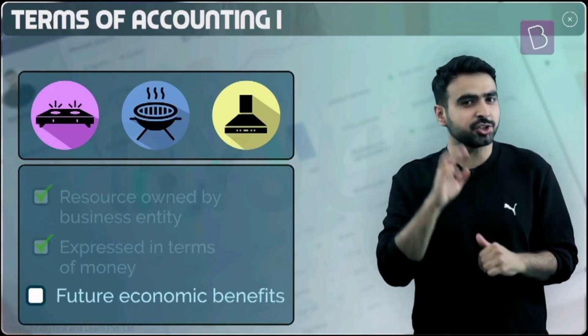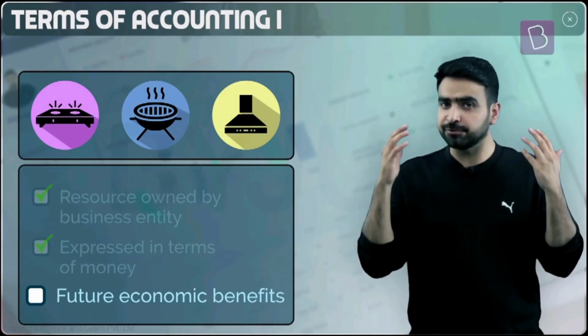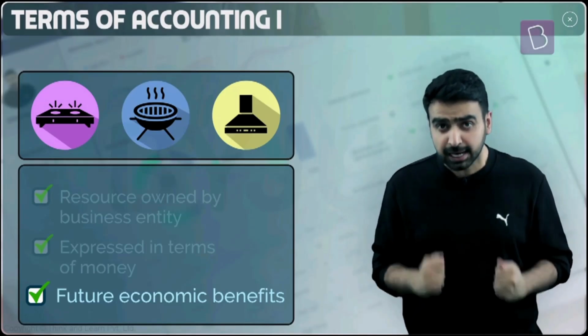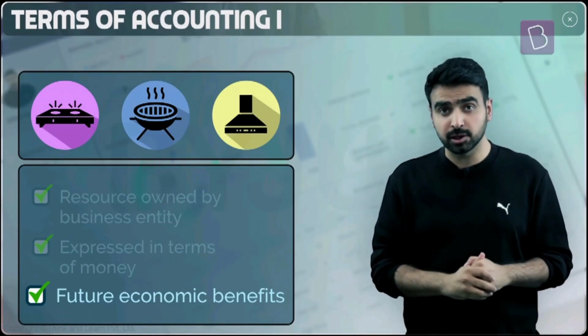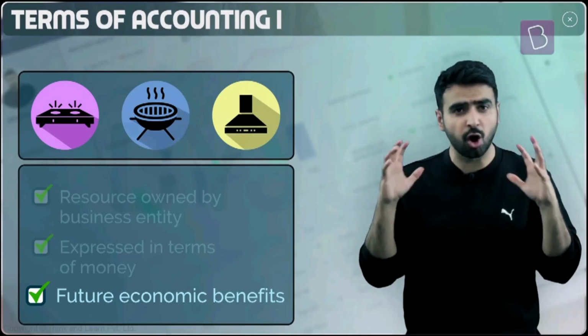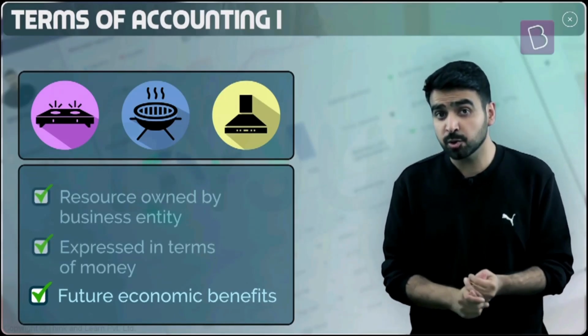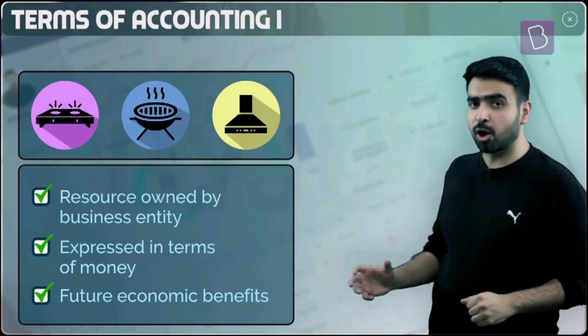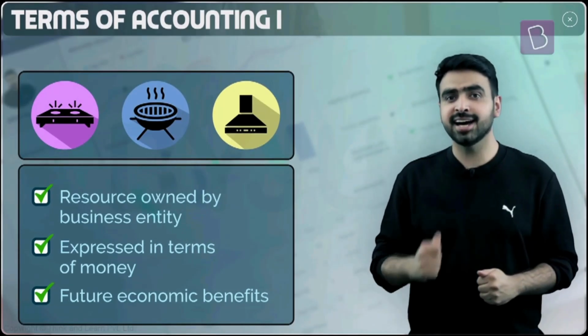Talking about the third checkbox. Do they give any future economic benefits? Obviously, they will help in making sandwiches which will earn Rohit and Yummy Bites a lot of money. So as we saw, stove, grill and chimney tick all these checkboxes and therefore they are assets.